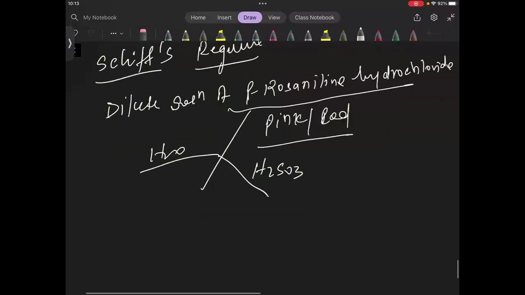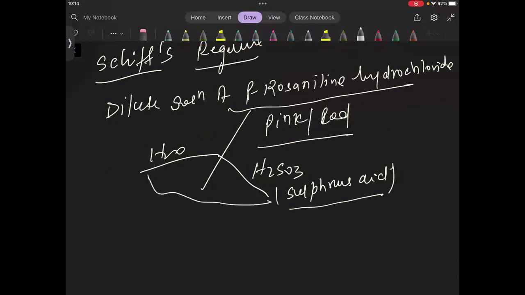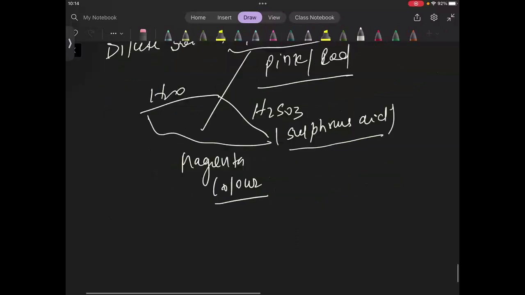you can dissolve it in water or in sulfurous acid. So either you dissolve in sulfurous acid or water, you will get the magenta color. What color will you get? Magenta color, correct?